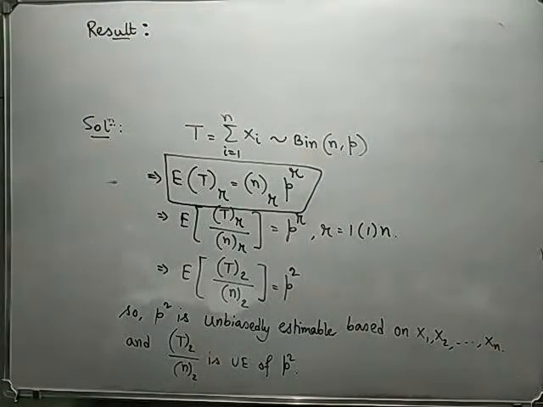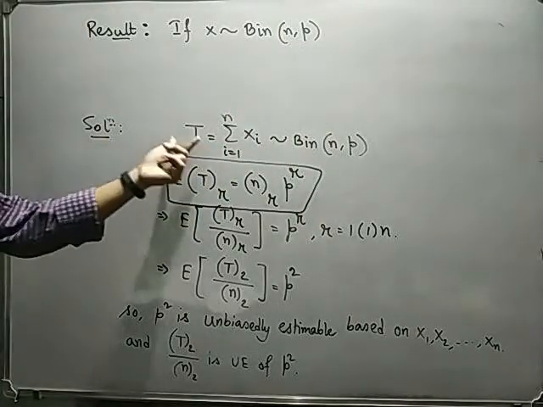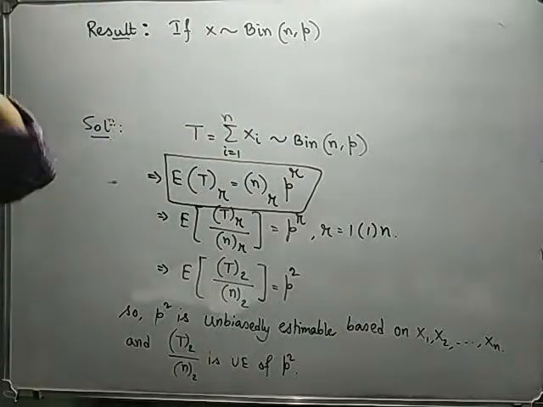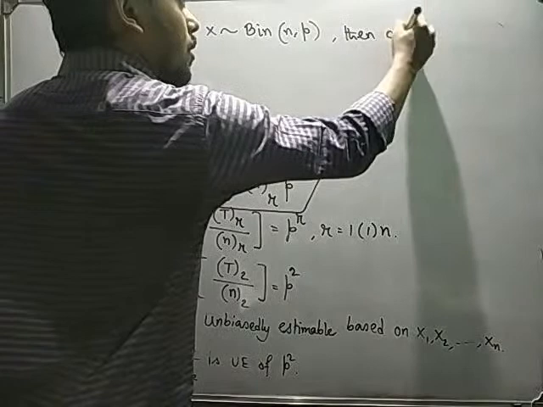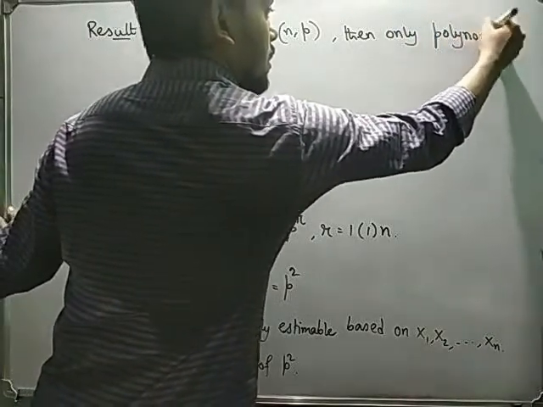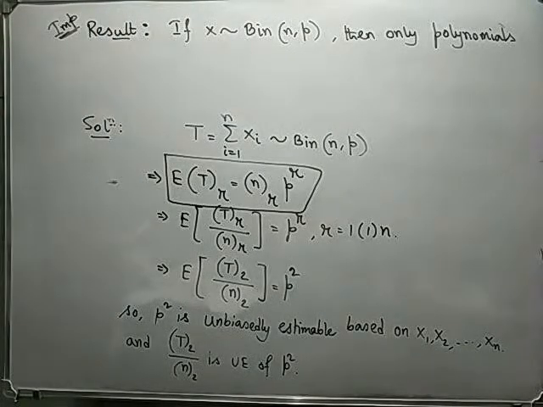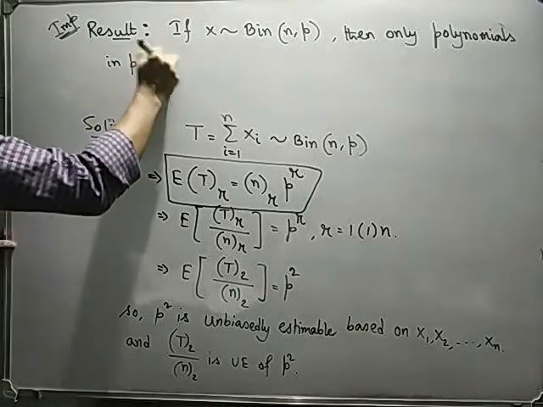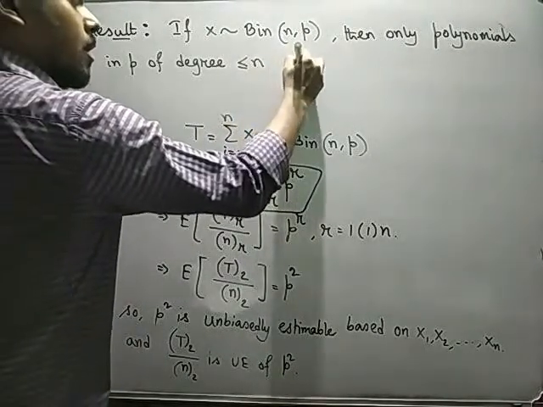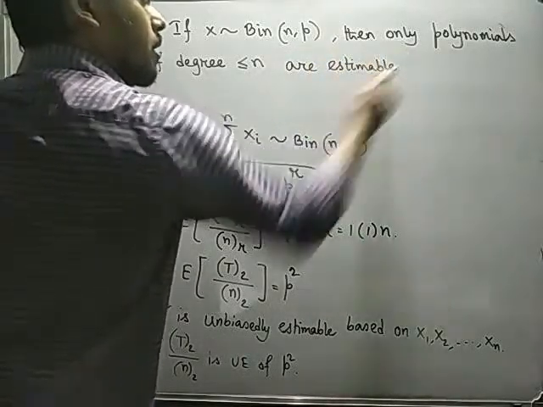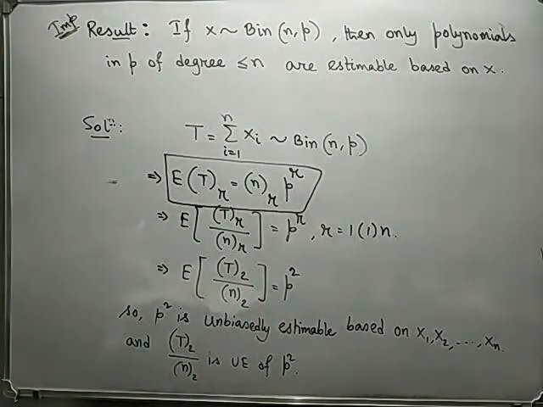If capital X follows binomial n comma p, or let's say the summation of xi follows binomial n comma p, then, and this is a very important result, only polynomials in p of degree less than or equal to n are estimable based on capital X. Okay, now what is the implication of this result?